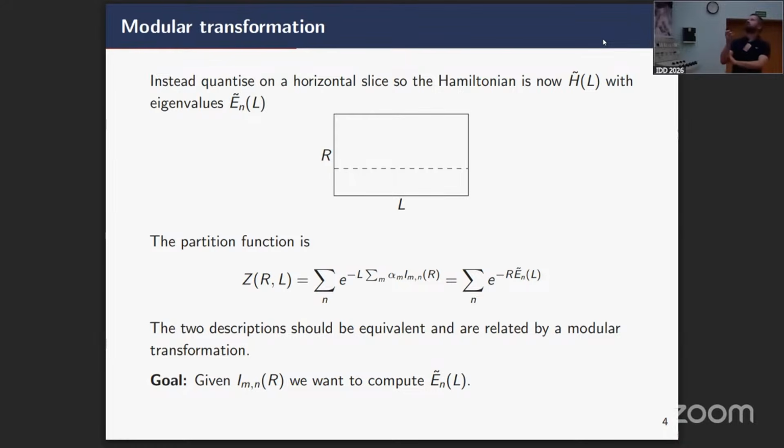Choosing these two different quantization slices is equivalent to doing an S transformation on the torus. If I treat the theory as a torus where I identify the top and the bottom and the left and the right, then my usual modular parameter is tau equals i times R over L. Going between tau and minus 1 over tau, which is the S transformation, is exactly this relation, quantizing on the two different slices.